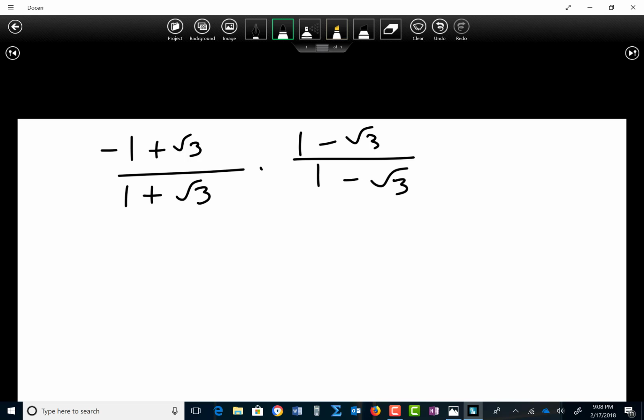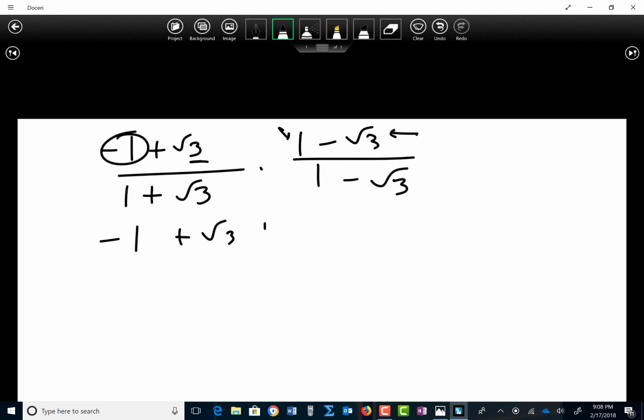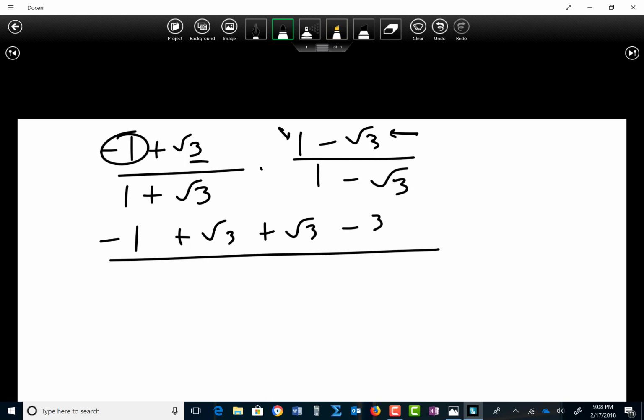When I FOIL out the top by taking this one times both of these and this one times both of those, I get negative 1 plus square root of 3 plus square root of 3 minus 3. On the bottom, when I FOIL that, I get 1 minus 3. So I end up with minus 4 plus 2 square root of 3 over negative 2.